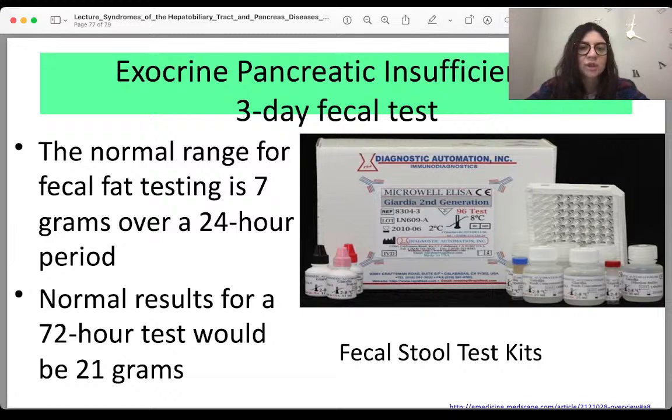The normal range for fecal fat testing is 7 grams over a 24-hour period. But not every day all people have a stool, and it will not contain the same amount of fat every day, every stool. That's why for a more accurate result, it usually takes a 3-day or 72-hour test, and fecal fat should be there 21 grams, not more.